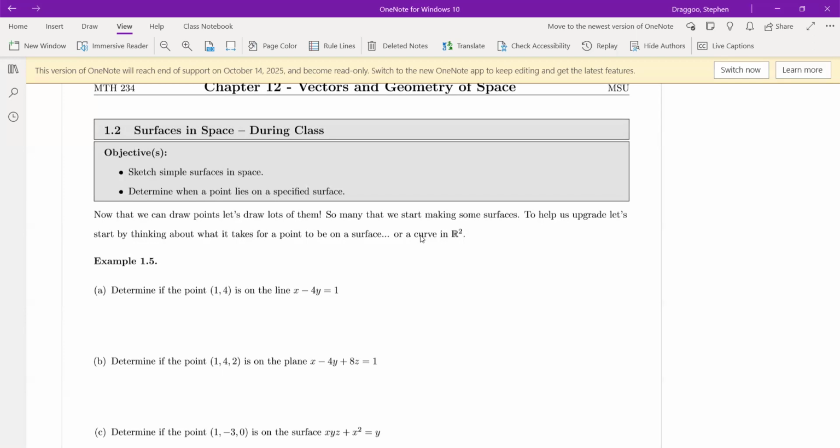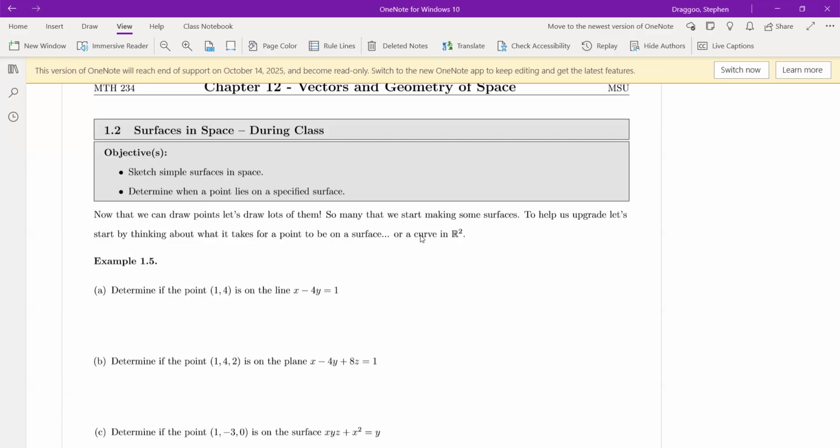So 1 minus 4 times 4 is equal to a number that I can probably do in my head. 1 minus 16, that's negative 15. And notably, negative 15 is not equal to 1. So I'm going to argue that point is not on that line.